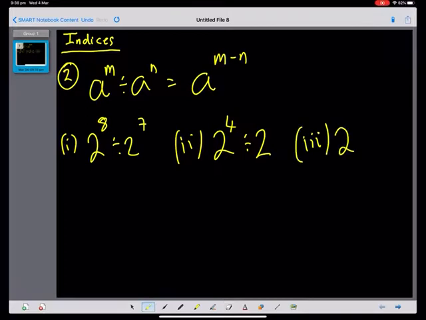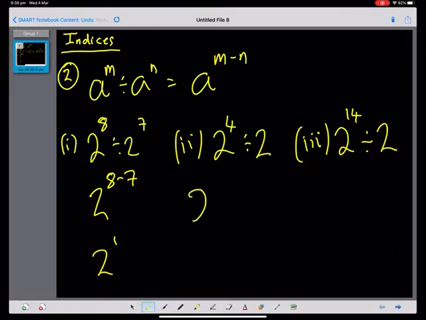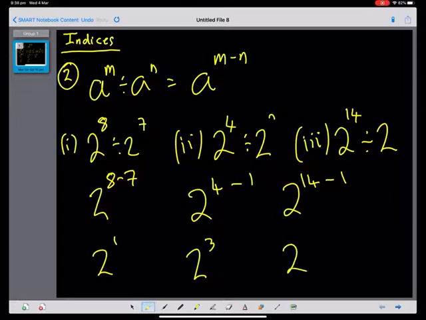Let's do 2 to the 14 divided by 2. Hopefully you can recognize that the first is the same as 2 to the 8 minus 7, which is just 2 to the 1. This is 2 to the 4 minus 1. If there's nothing there, we just take a 1, giving 2 to the 3. This is 2 to the 14 minus 1, which is 2 to the 13.